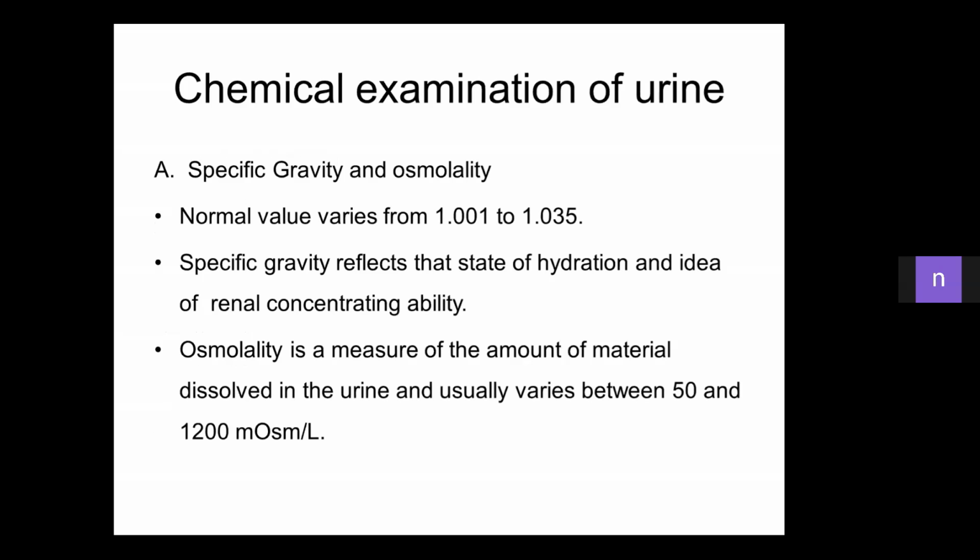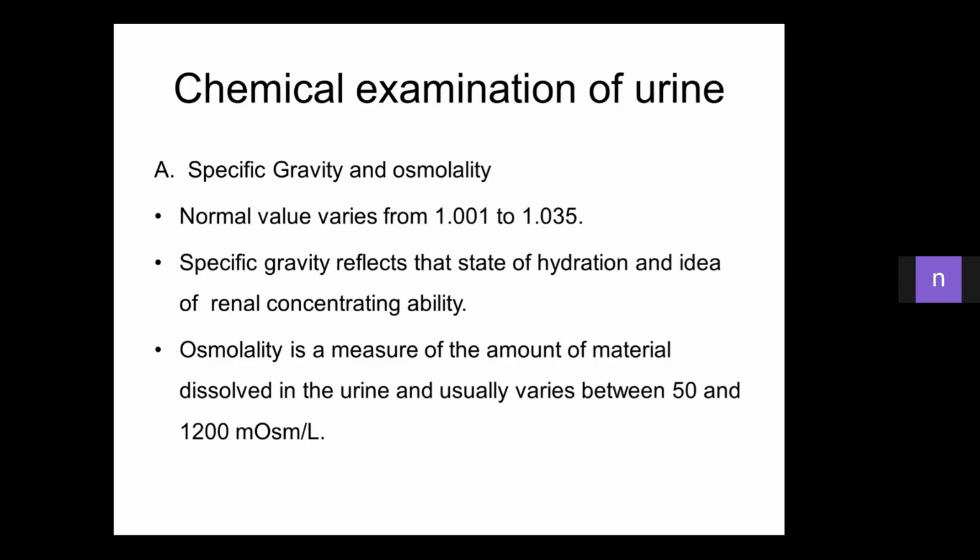In acute or chronic renal insufficiency, the specific gravity we can associate is around 1.010. Also, specific gravity reflects the state of hydration and the renal concentrating ability.